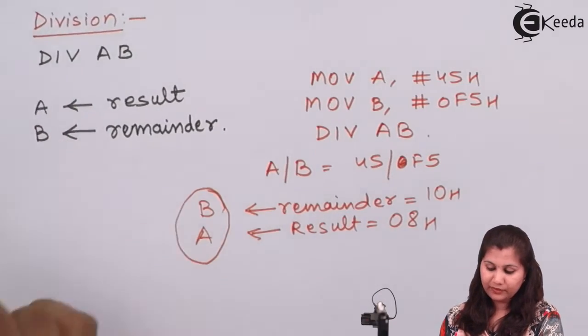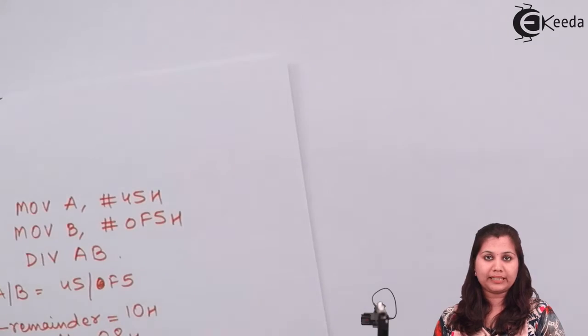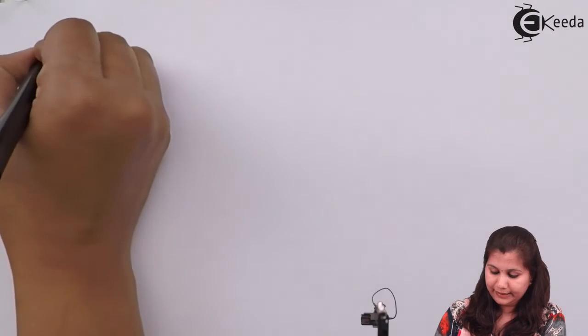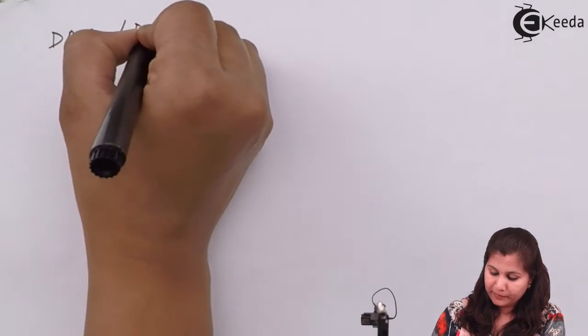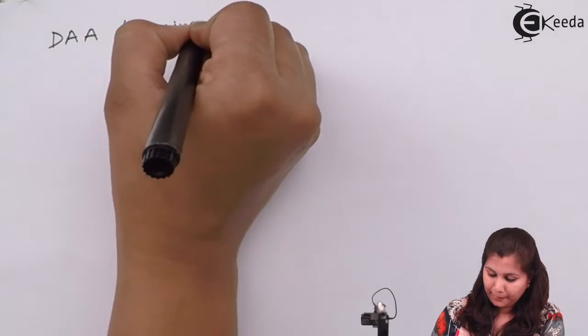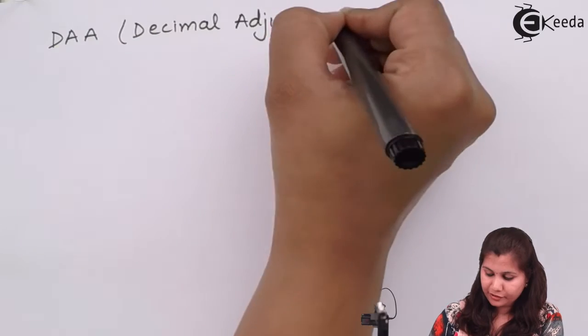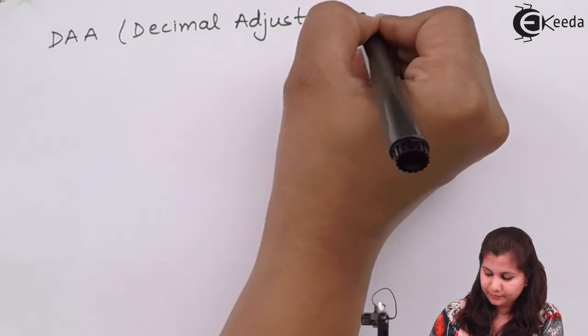Next in the arithmetic instructions category is the decimal adjust accumulator, that is the DAA instruction. DAA full form is decimal adjust after addition.